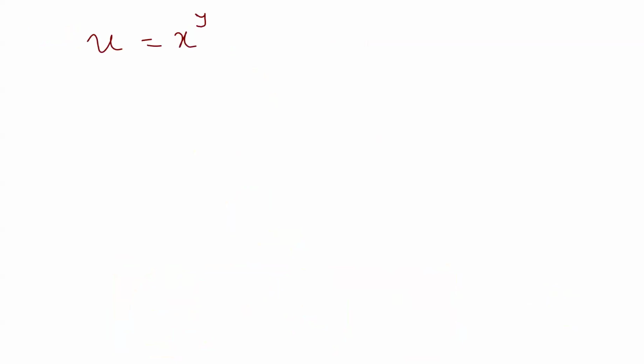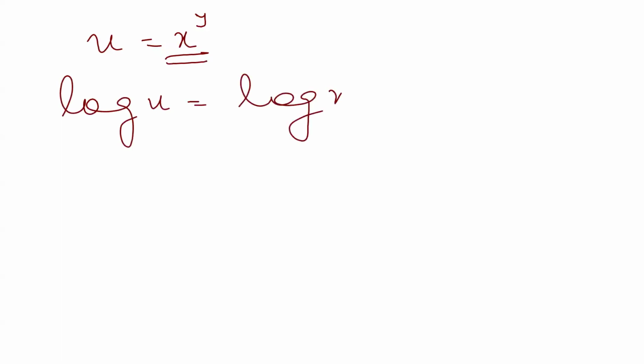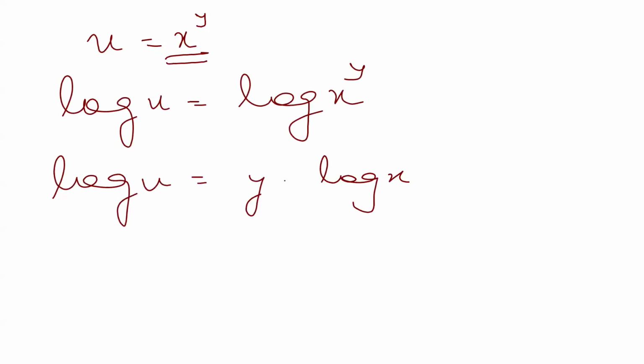But now look at the term on the right hand side. It's base with x and power with x. So we'll take log on both the sides. So log u is equal to y into log x. Now differentiate this with respect to x.